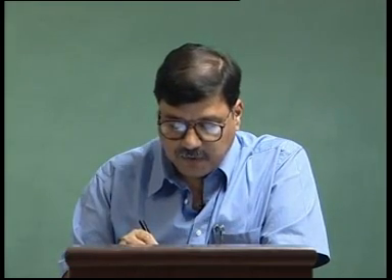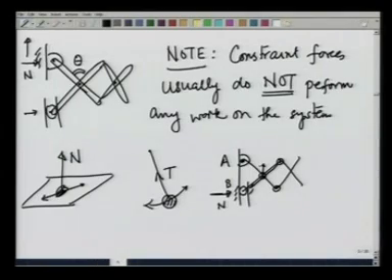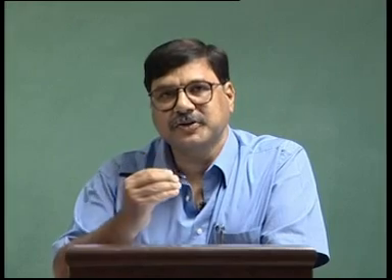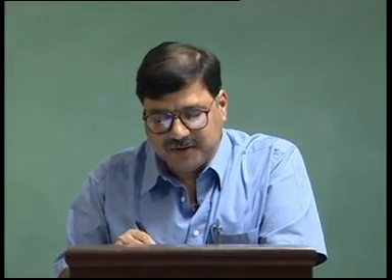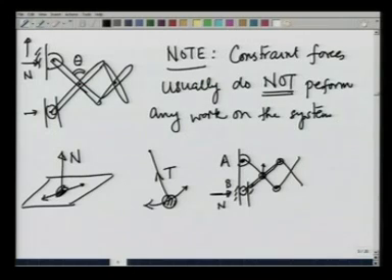However, the pins move by exactly the same amount. So, bars also move exactly in the same direction, but the forces are opposite. The result is that the net work done because of these constraint forces is 0. It is positive in one bar, negative in the other bar, added up it gives me 0.